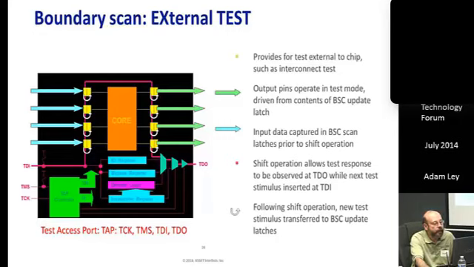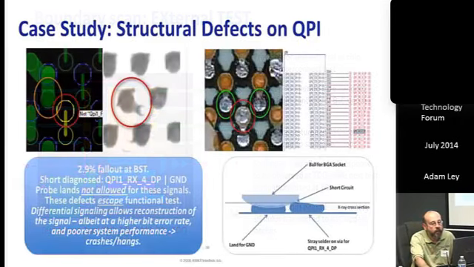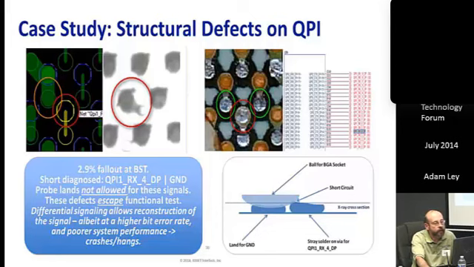There's a little bit of a case study here, which again I won't belabor, but it's very relevant to our NBT topic because basically here on the QPI, which is an Intel QuickPath Interconnect bus, there aren't any test points. QPI is a very high-speed chip-to-chip bus. No test points are allowed, or at least that's certainly the preference in most cases.